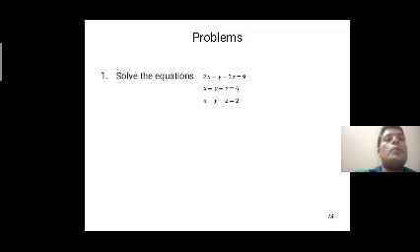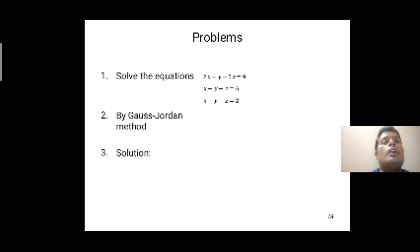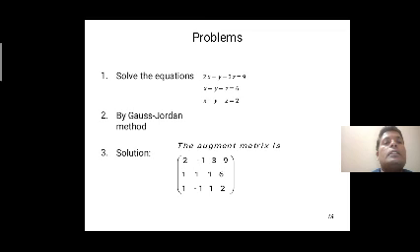Now we go to the problems. Solve the equations 2x minus y plus 3z equal to 9, x plus y plus z equal to 6, x minus y plus z equal to 2 by using the Gauss-Jordan method. You apply here after completing the augmented matrix.